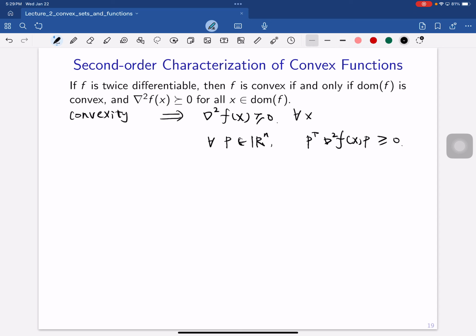So the idea is we want to, let's say, pick an arbitrary x and then pick a vector P in Rn. Then this property does not hold, meaning that there is a P such that it is not positive semi-definite, right?